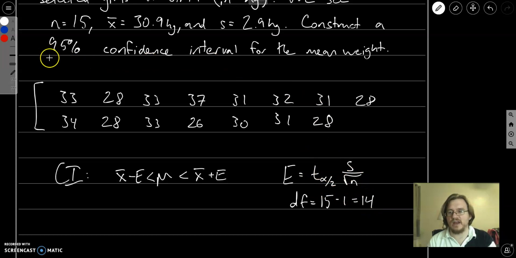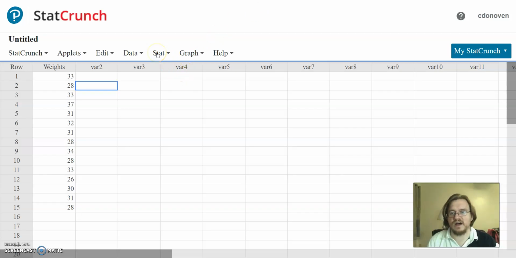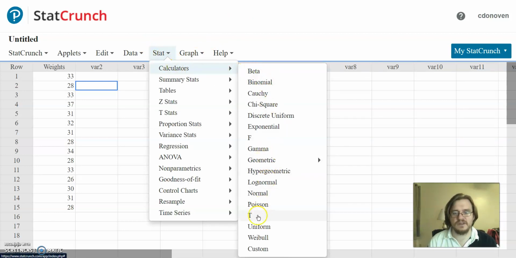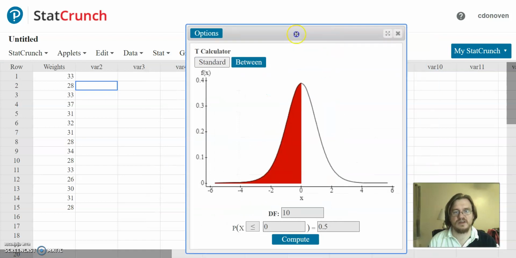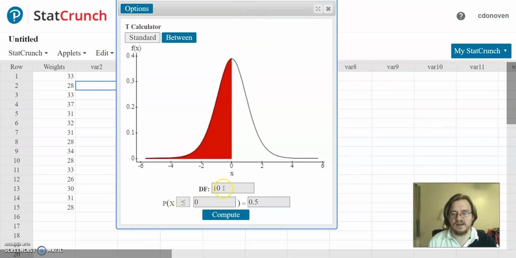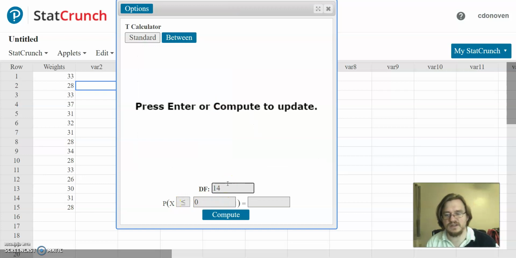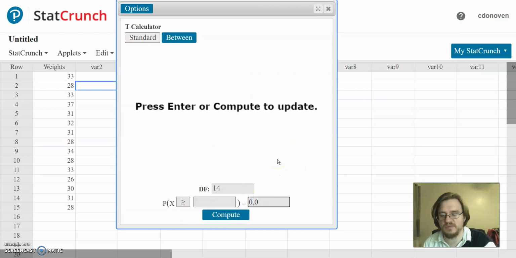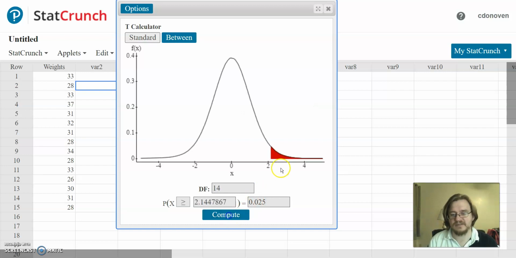Our 95% confidence interval means that alpha is going to be 0.05. So let's come over to StatCrunch. We'll open up our calculator for the t distribution, and we are looking at 14 degrees of freedom. We want to look to the right, and we want the area to the right to be 0.025, which is half of 5%.